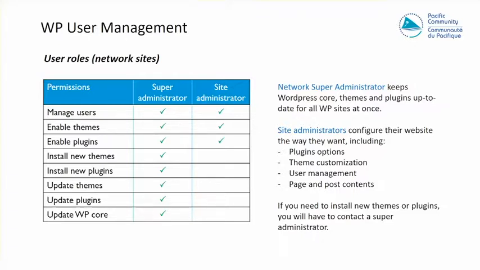You can see on this table provided here, the site administrator has very minimal permissions. They manage users, enable themes, and enable plugins. They don't have the option to install a new plugin or add a new theme, update the WordPress core, and do other permissions listed here.